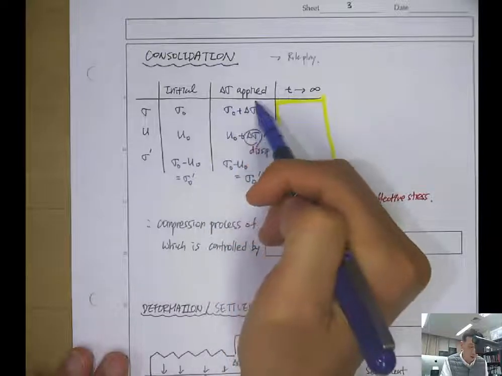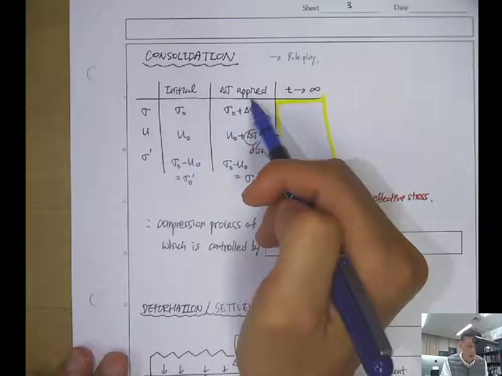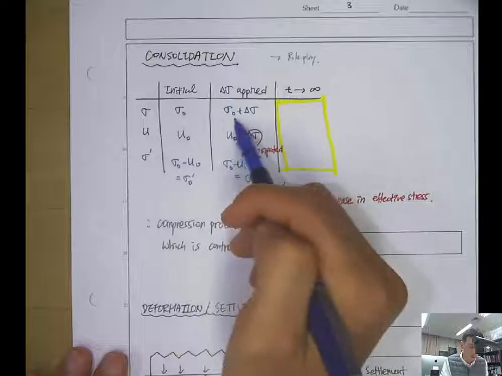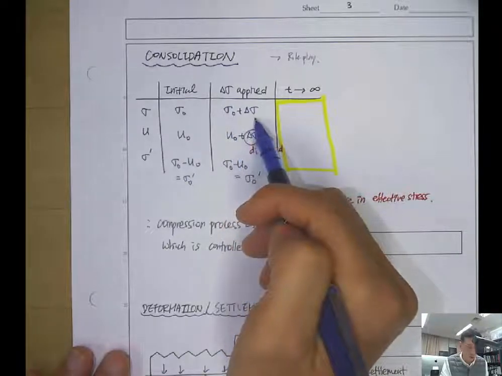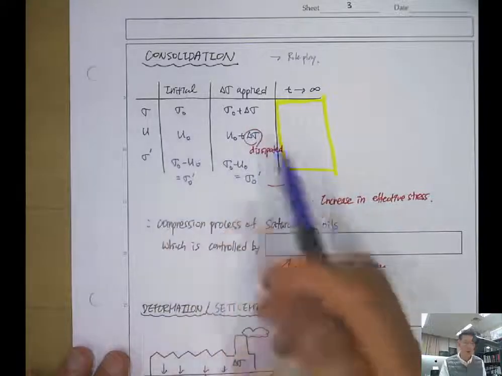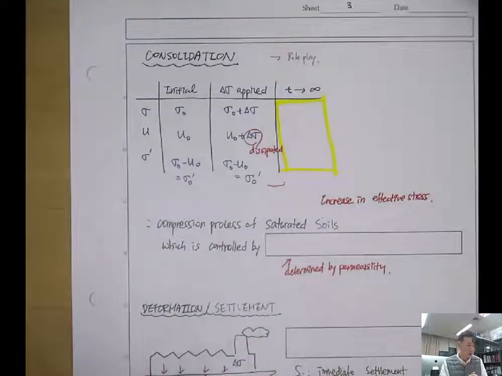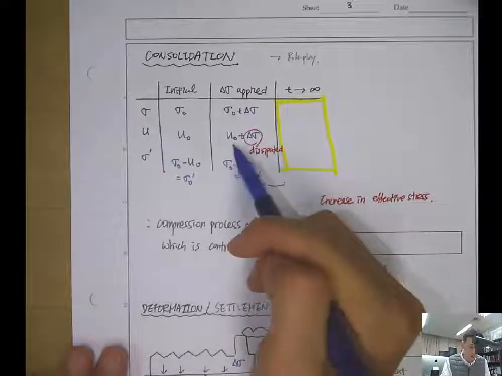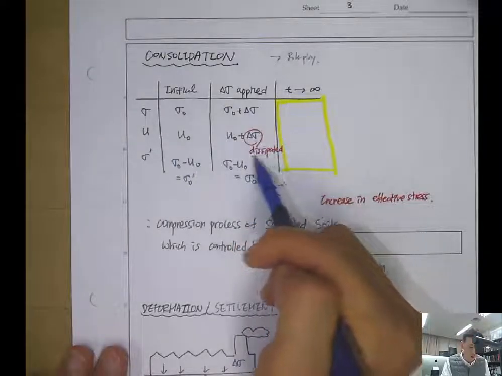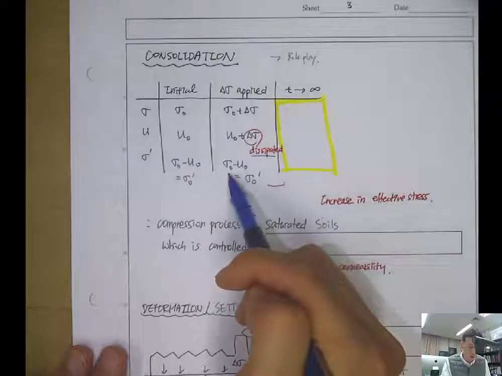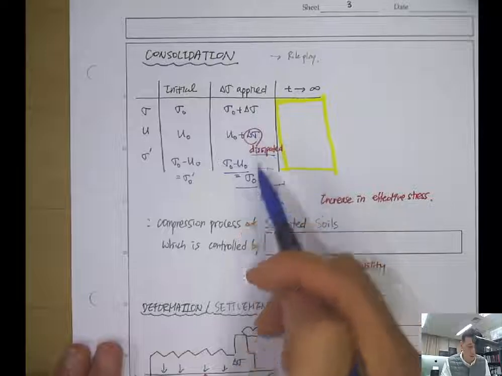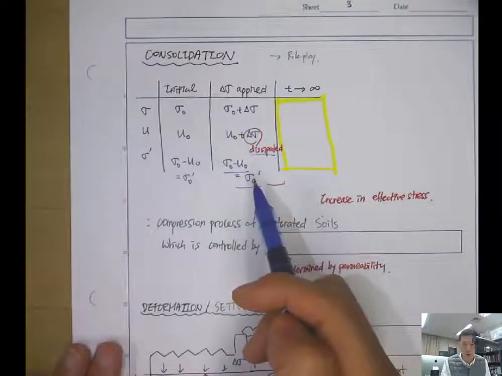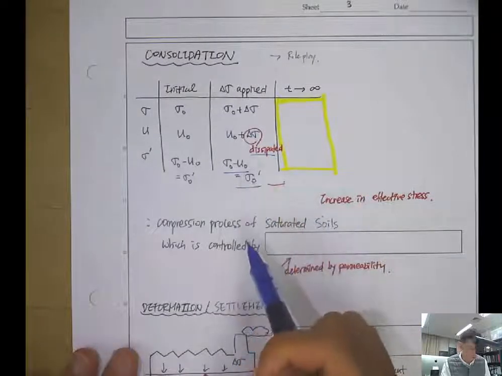When the delta sigma is applied instantaneously, then the total stress is increased by delta sigma, so sigma naught plus delta sigma. And the pore water pressure, initially the water will take most of the stress. So then U naught plus delta sigma, and then the effective stress will be the same because it will cancel out. The delta sigma will be removed when you subtract the pore water pressure from the total stress.